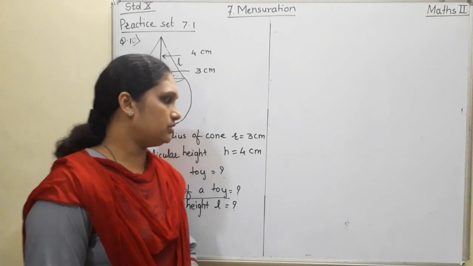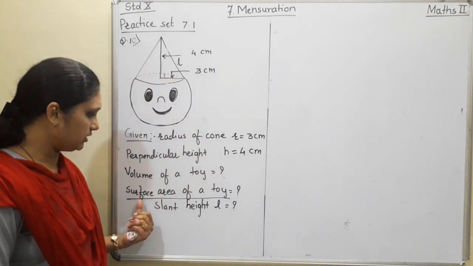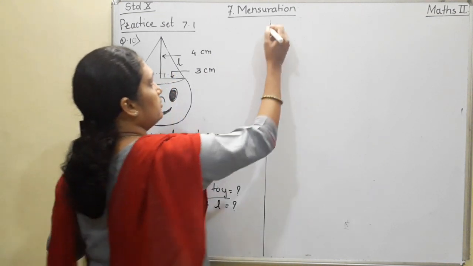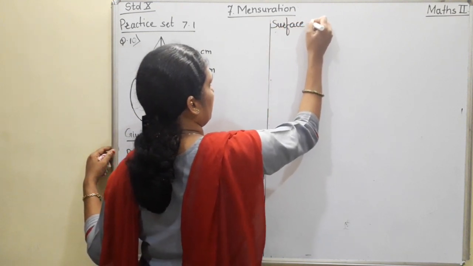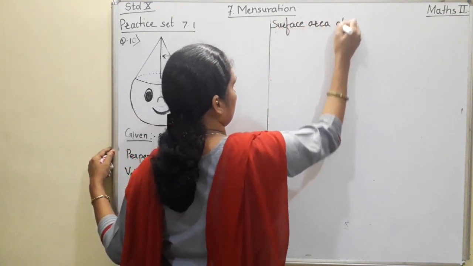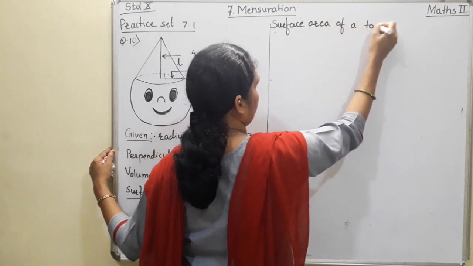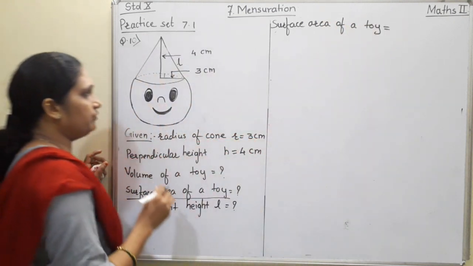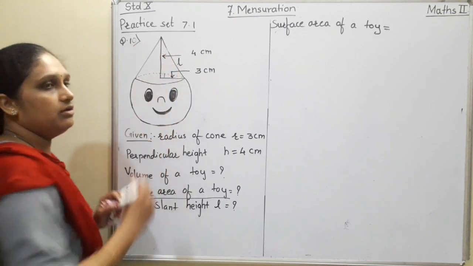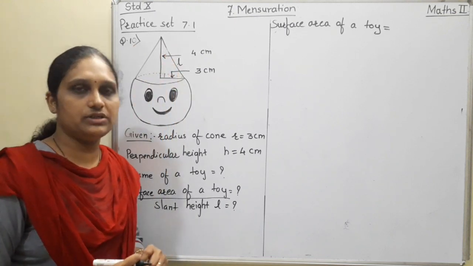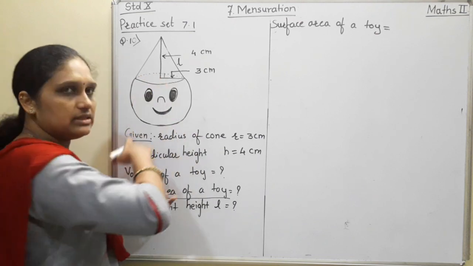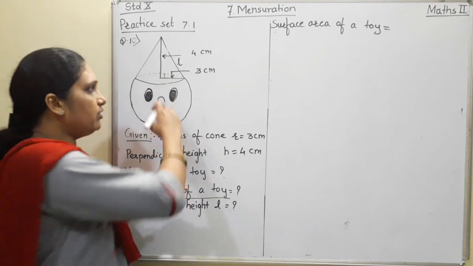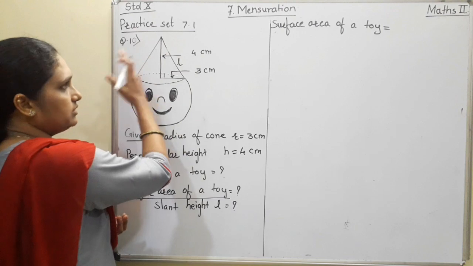Now we'll see the second part, which is the surface area of a toy. Students will solve the second question. Surface area of a toy equal to, now see, when we are finding the surface area, it is the curved surface area. We are not taking the total surface, because that portion will go inside of the toy. We want a curved surface here.